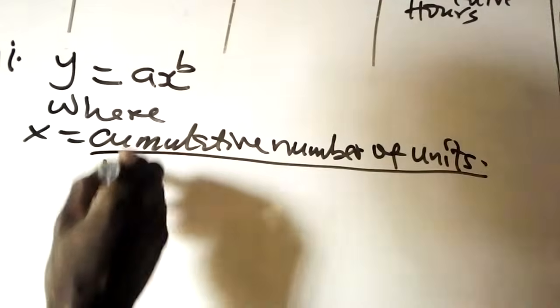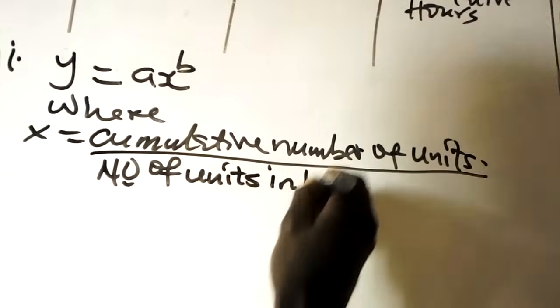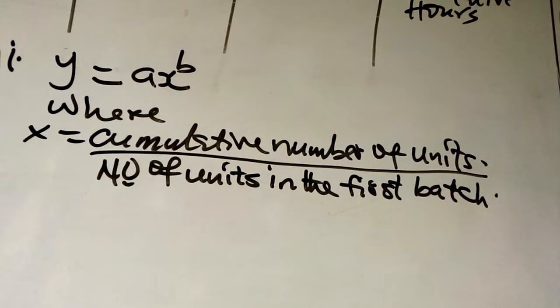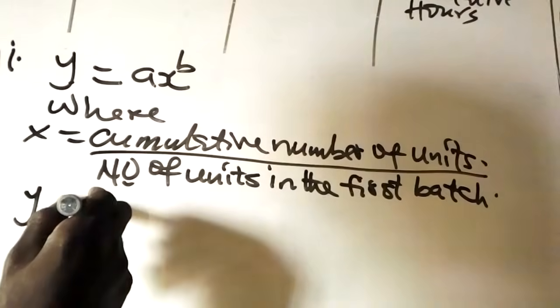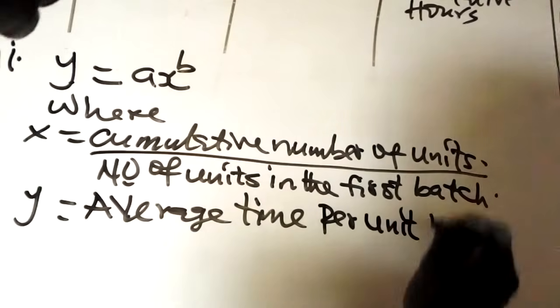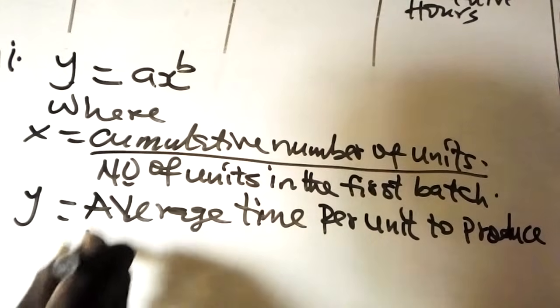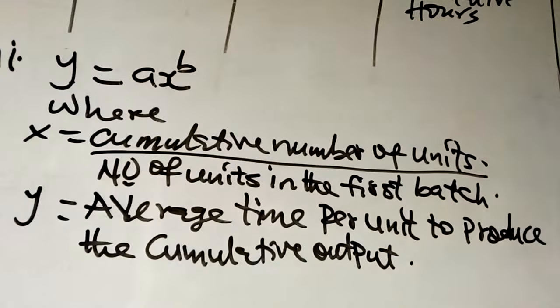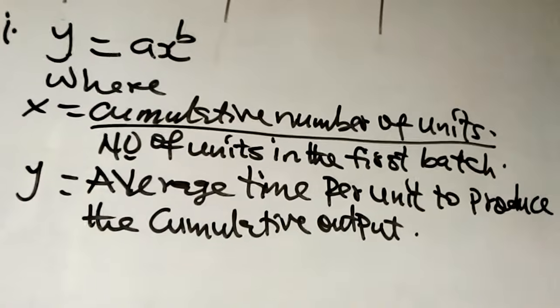Then y equals the cumulative average time per unit to produce x units. That is, the average time per unit to produce the cumulative or total output.